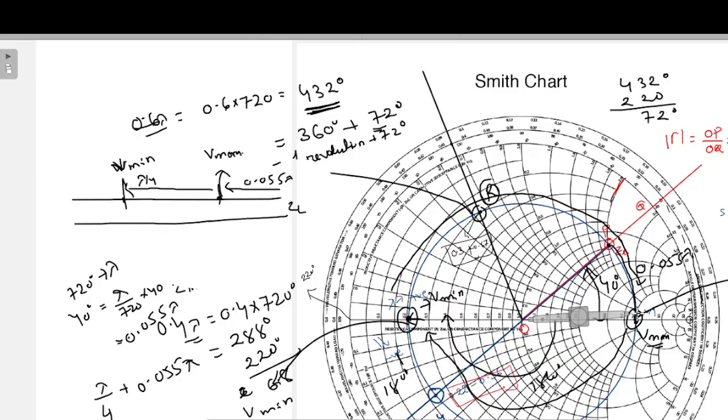The first V minimum point is at 0.055 lambda. Where will the second V minimum point come? If you travel one complete rotation here, that means we are traveling a distance of lambda by 2.